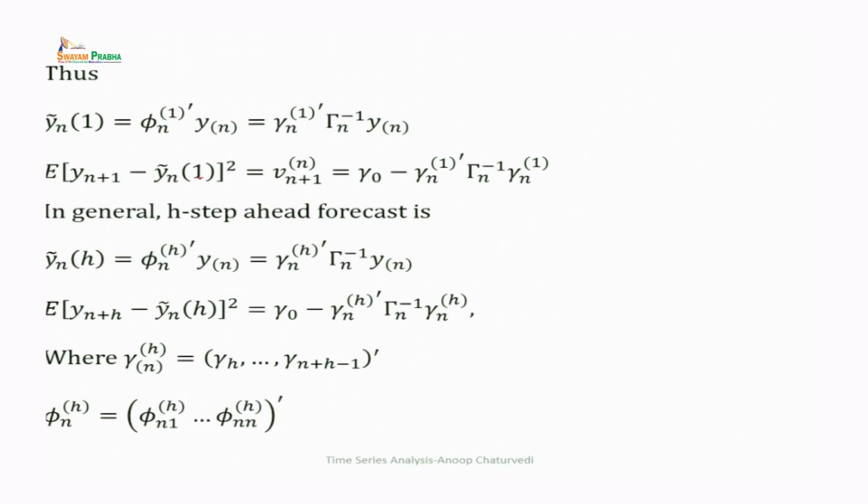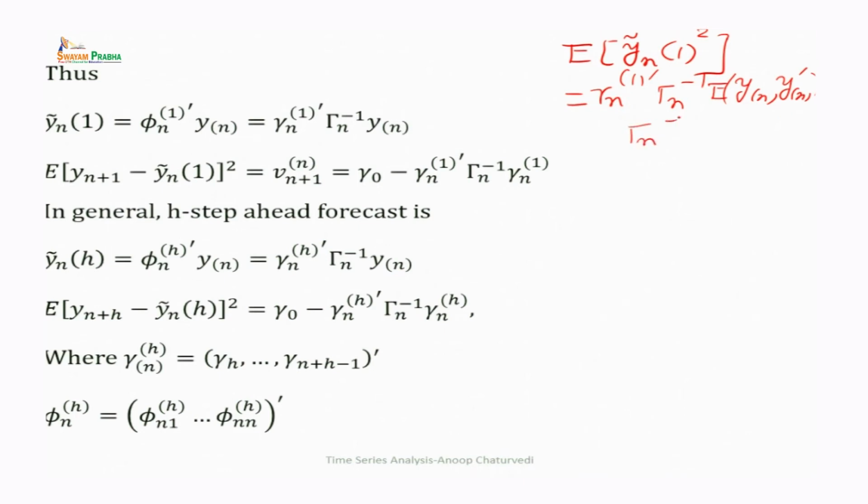Then the expectation of the square of this quantity: you take a square of this, so gamma n 1 transpose, then you take expectation of y n and write y n transpose here, again gamma n inverse and gamma n 1.